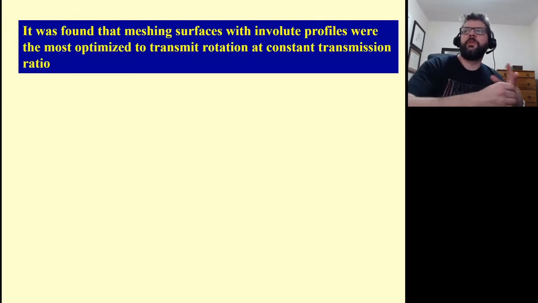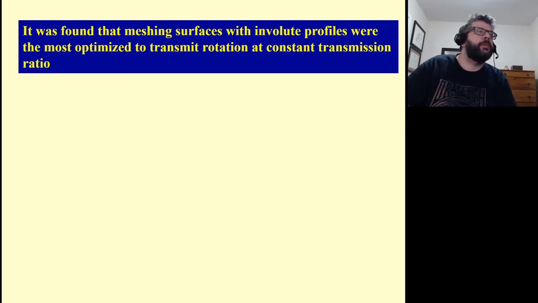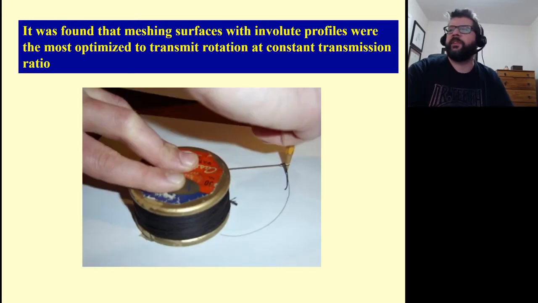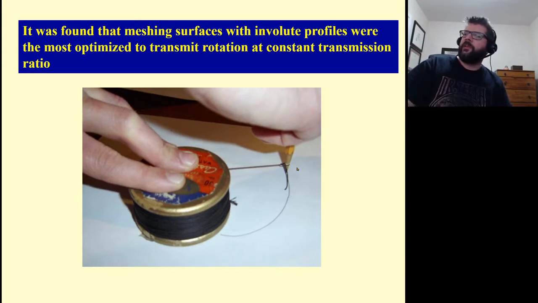So involute profiles were discovered to be the most optimized way to transmit that rotation. An involute profile is basically like this: if you tie a string to a pencil and lead it off like that, that'll cause you to have an involute profile.